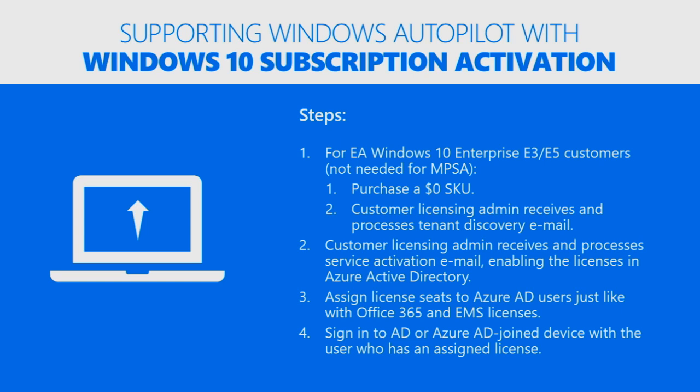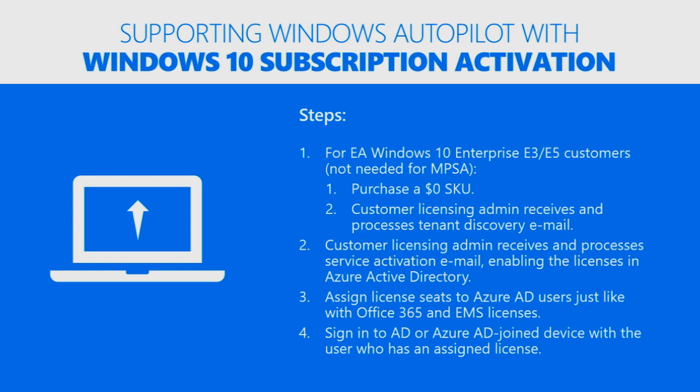That generates an email that goes to your licensing administrator. Your licensing administrator is basically someone inside of your organization who said that, yes, I'm responsible for Microsoft licensing in this organization. So they get an email message. The purpose of that email is to tie that order and that agreement to a specific Azure Active Directory tenant.